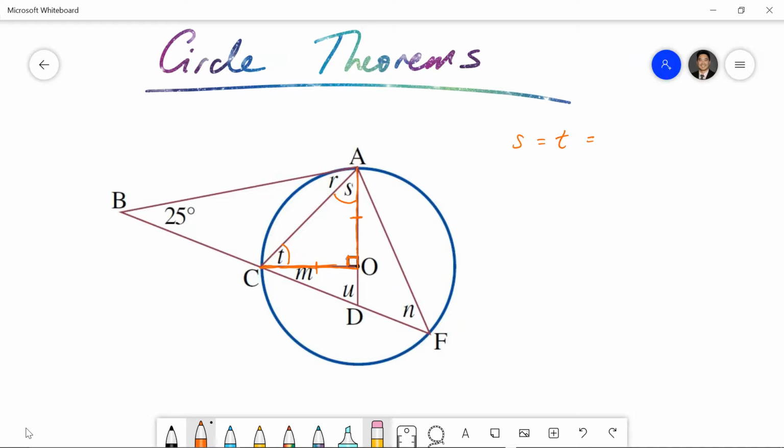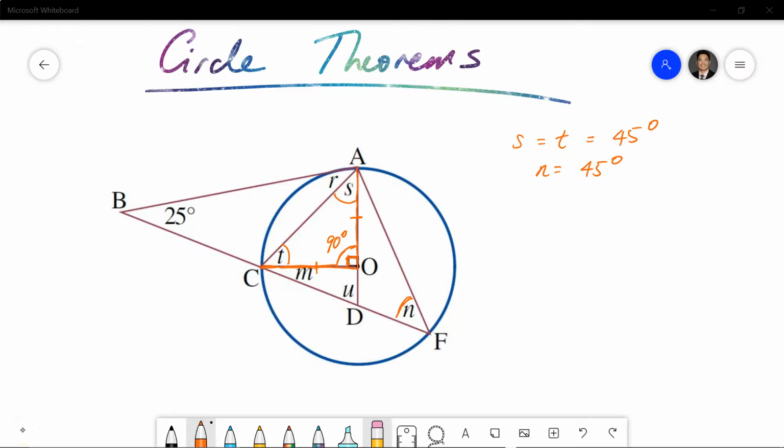And if this is 90, then each of S and T must be 45 degrees. Okay, that's the first part. Now, the other part that I can already see is if this angle here is 90 degrees, this angle is going to be half of that. Okay, so N is going to be 45 degrees as well.